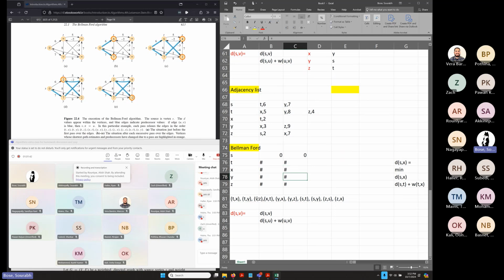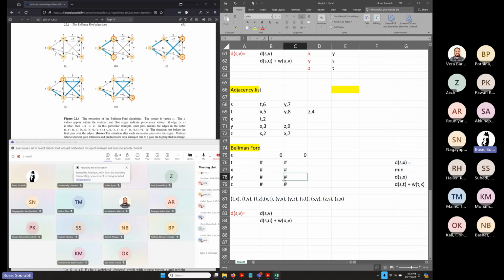Next is t to y. S to t is still infinity. I would have updated this y to something else, but it is still going to remain infinity. So no update. T to z. I should have updated this to something, but S to T is infinity. T to Z is 4, but infinity plus 4 is infinity.